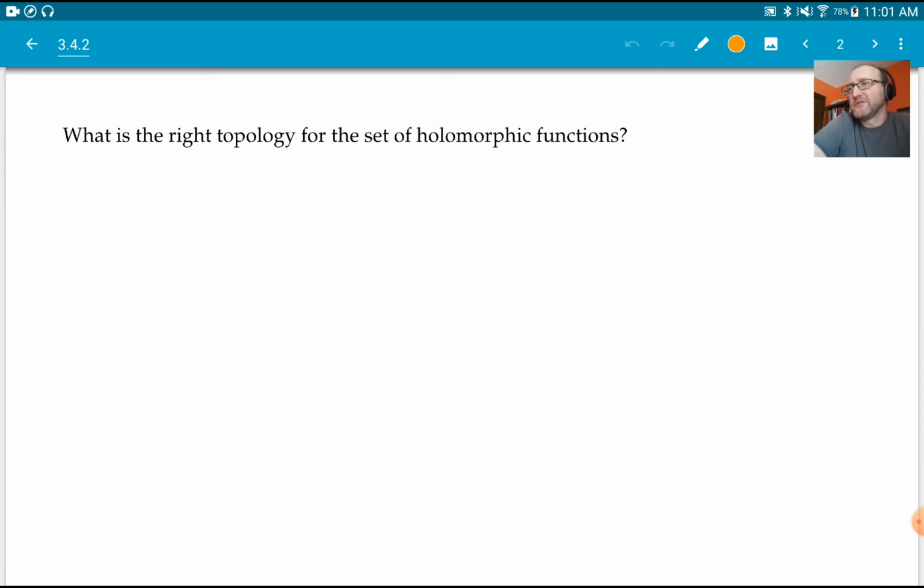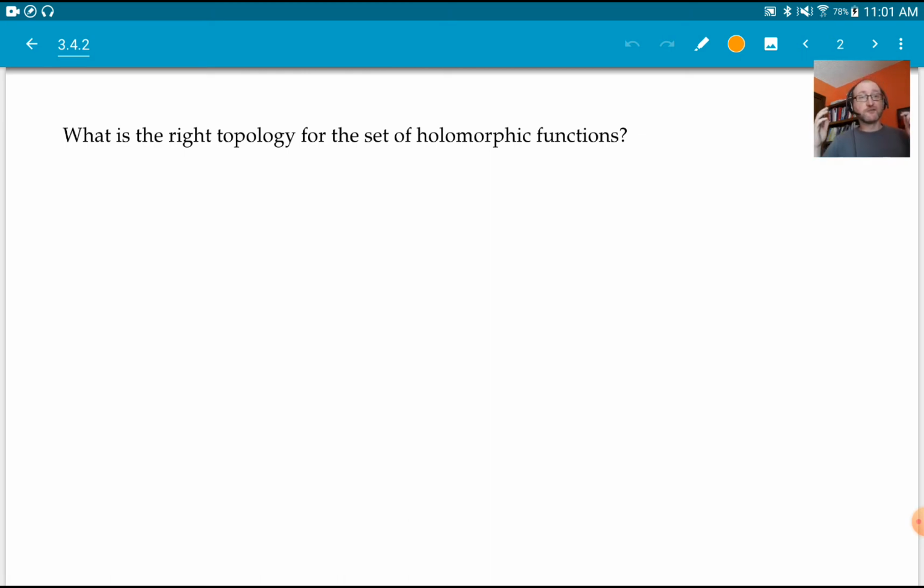On sets of functions, there's always going to be a bunch of different topologies depending on what you're trying to do. But if you just say holomorphic functions, there is actually the topology that first comes to mind.